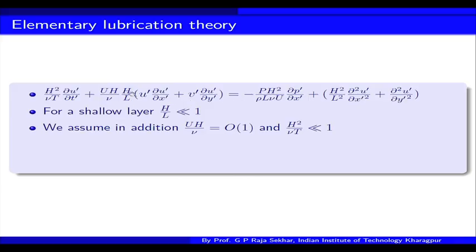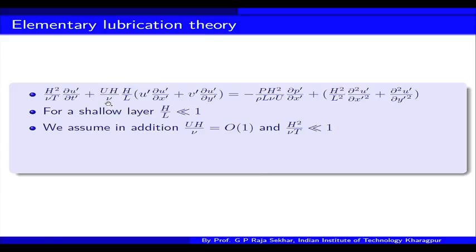Now, if you go for small aspect ratio, you see for this term you have a Reynolds number. If the Reynolds number is growing, even if you control h by L to be much smaller, the total contribution of the term will depend on the Reynolds number and its growth.